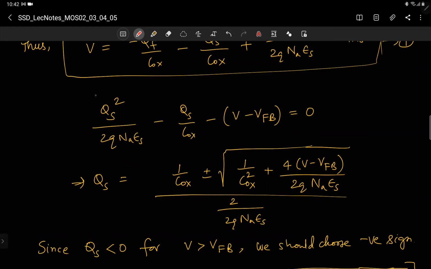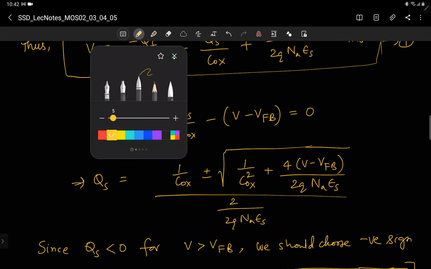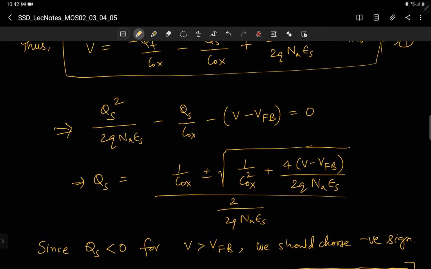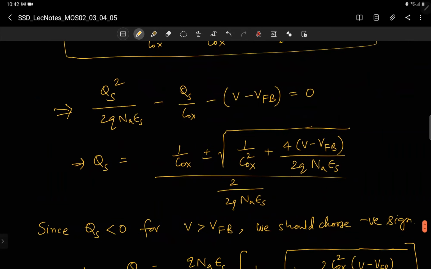qs now is minus b, that is 1 by cox here, plus or minus root over b square minus 4ac by 2a, the quadratic formula. B square is 1 by cox square, minus 4ac, there is a minus sign here, so plus 4 times a and c, by 2a, that is 2 times 1 by 2qna epsilon s.